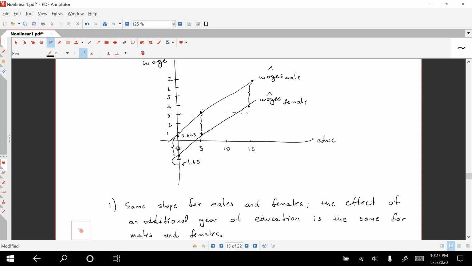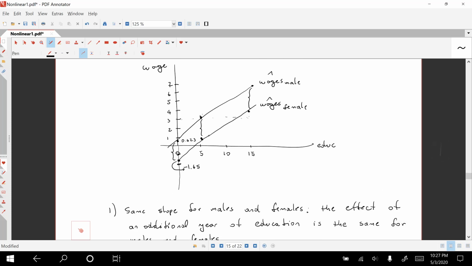Once we have included all those variables in the regression, it's more fair to compare males and females that have the same level of education. So that's what the concept of ceteris paribus means, and this example helps us reinforce that concept.